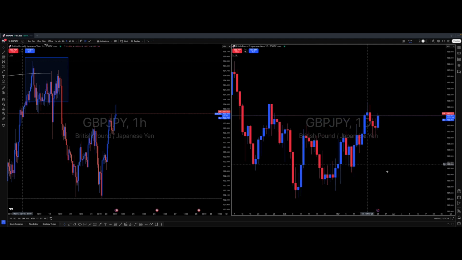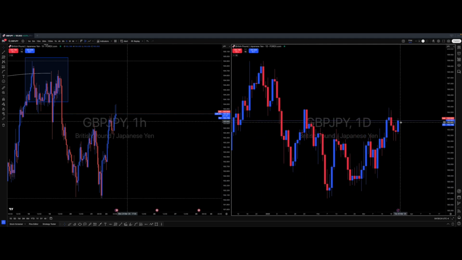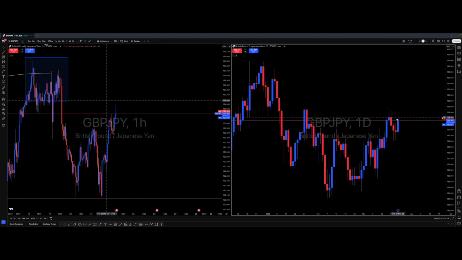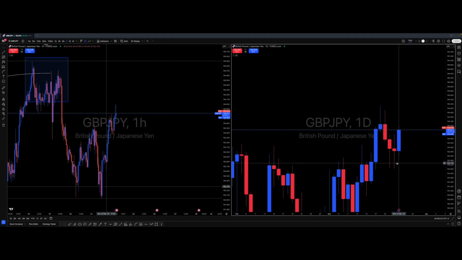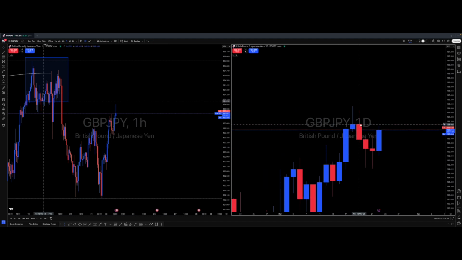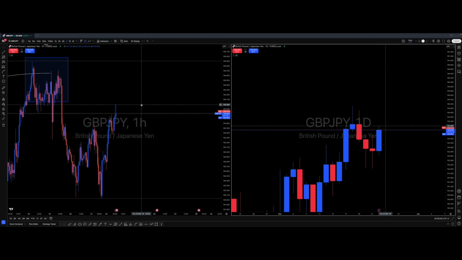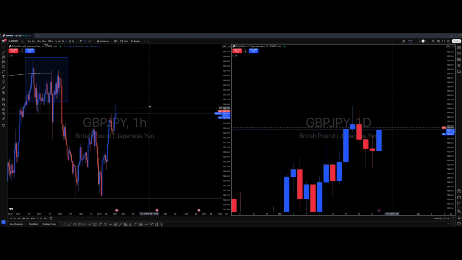We can see price is looking to go higher, but until it breaks the high of this previous daily candle, which is right at almost 194 even, a round number, you can see price action is literally retesting 194,000. So it's retesting that area now.